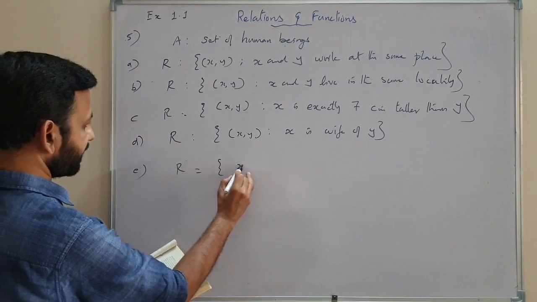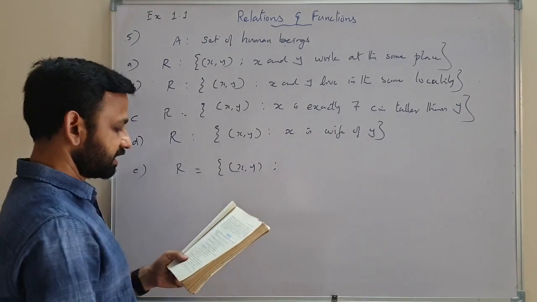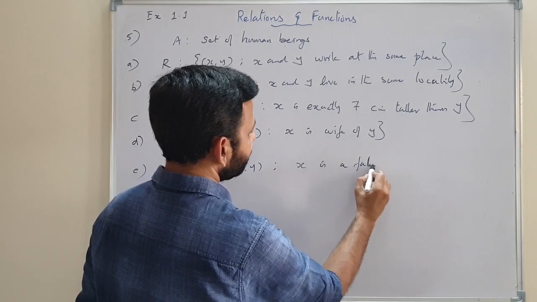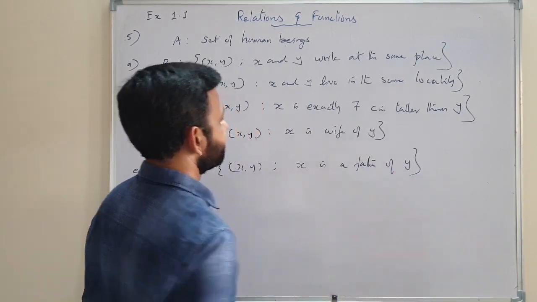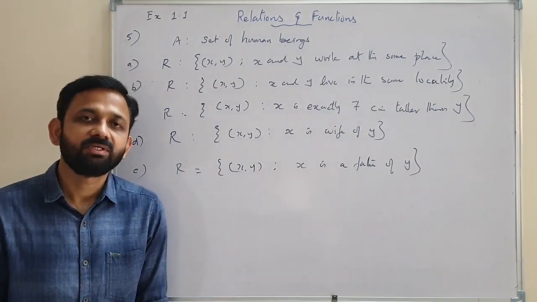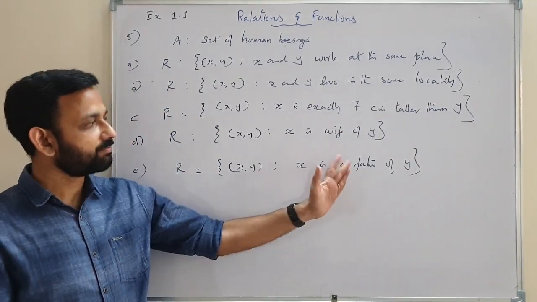Then D, the last relation: ordered pair x, y such that x is a father of y. Then this relation is not reflexive because x cannot be father of x.